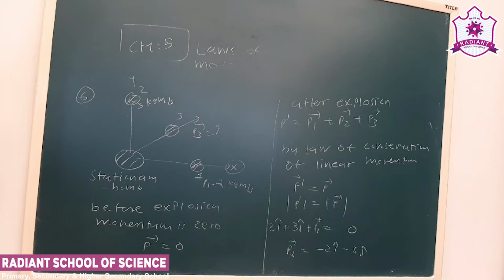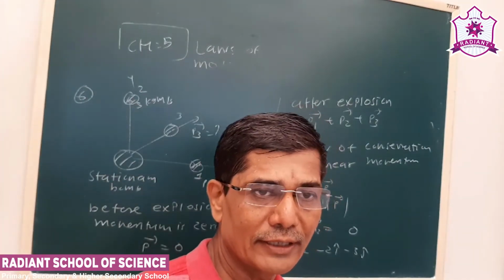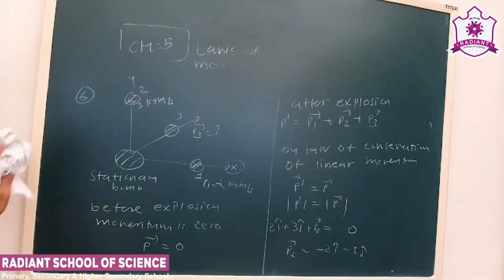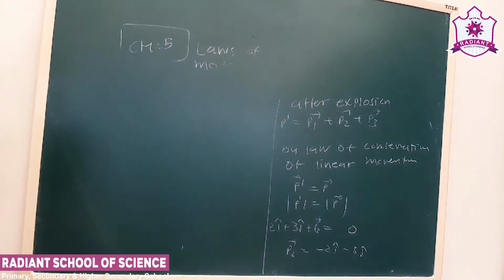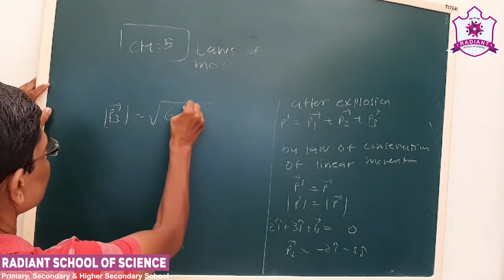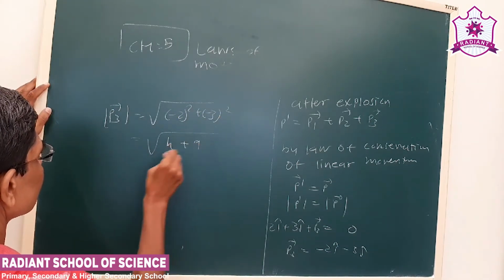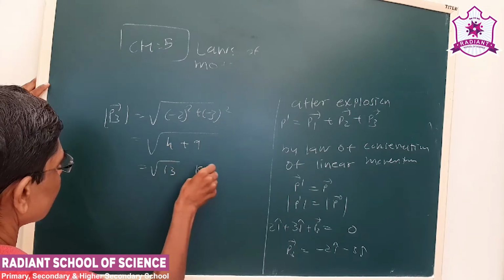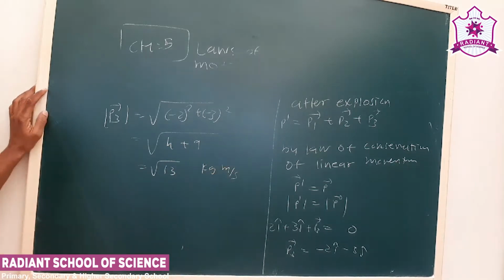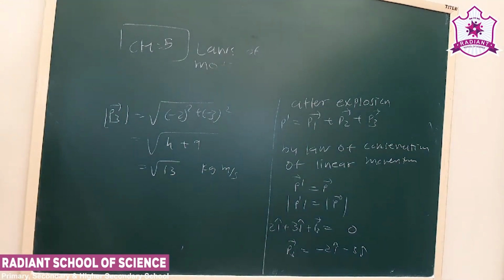For the magnitude, we solve according to vectors, because momentum is a vector quantity. So the momentum of the third fragment will be root 13 kg meter per second. This is how we can solve.